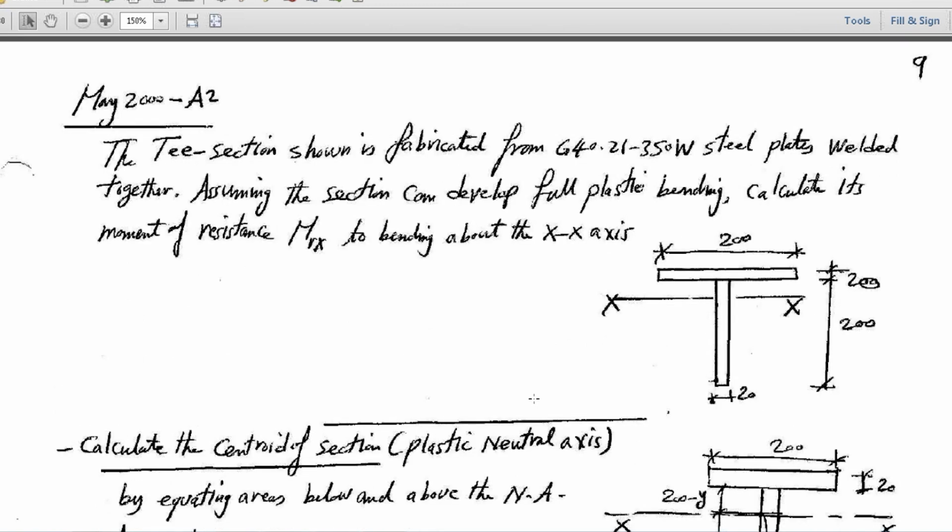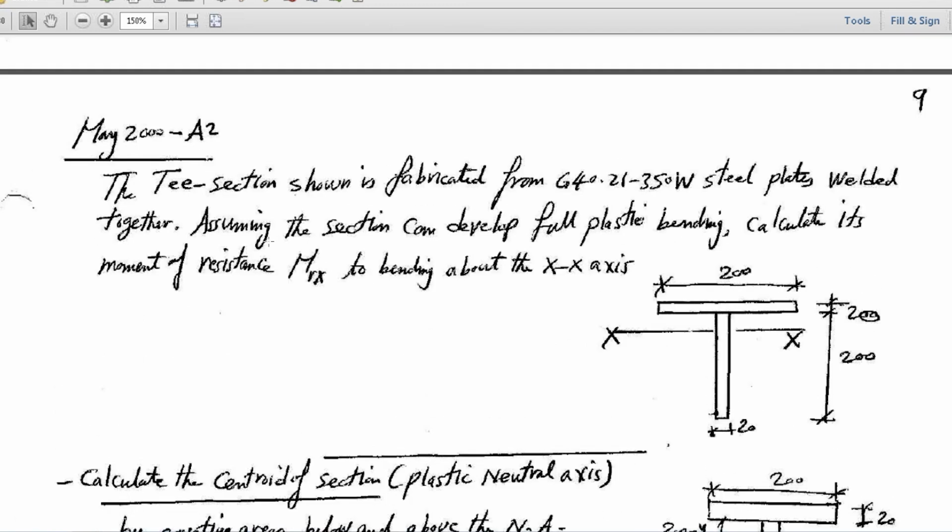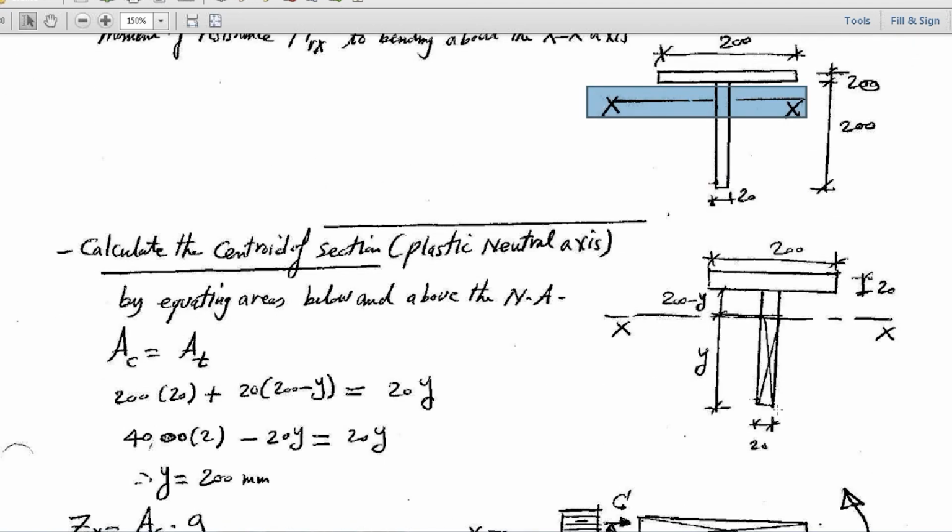But the problem here is that to calculate the resisting moment about the x-axis, I need to determine the location of the neutral axis, the same as what you did before. Assume that the depth of the neutral axis from the bottom of the section is y. Then equate the area in compression with the area in tension.